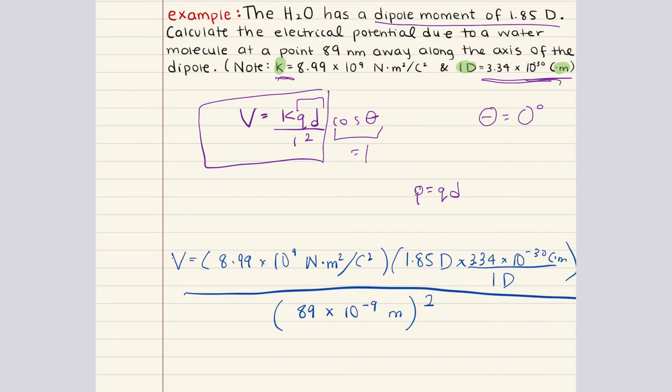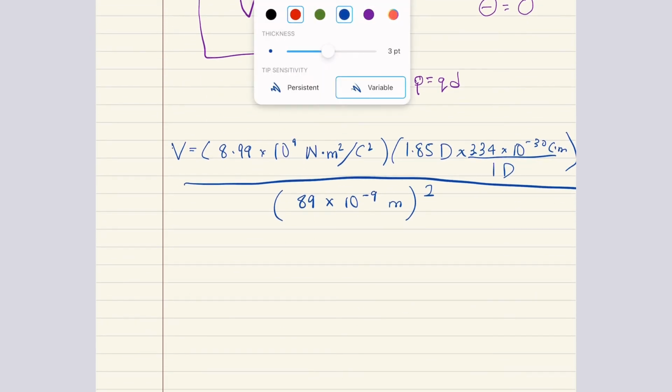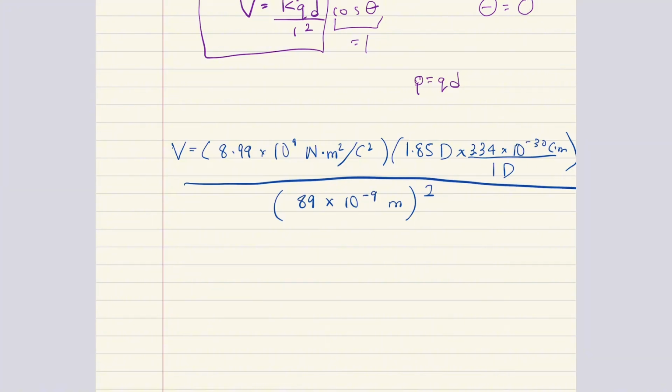Now to do this calculation, we're going to go ahead and do a couple of approximations. I'm going to approximate this to 9, I'm going to approximate this to 2, and I'm going to approximate this to 3. And then I'm going to put these values near each other, 9 times 2 times 3. Then I'm going to take these powers of 10 and combine them together.